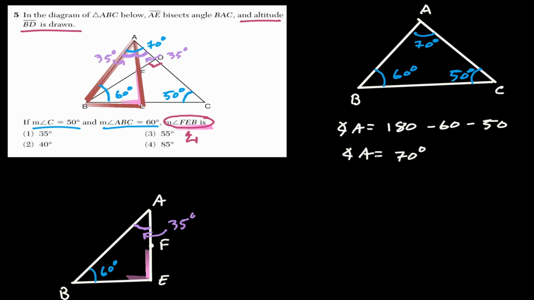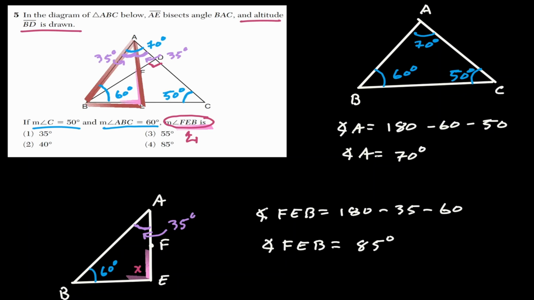So now we have all the information that is needed for us to find angle FEB. Angle FEB is going to be equivalent to 180 minus 35 minus 60, which is equivalent to 85 degrees. And now that matches option number 4. Let's look at the next question.